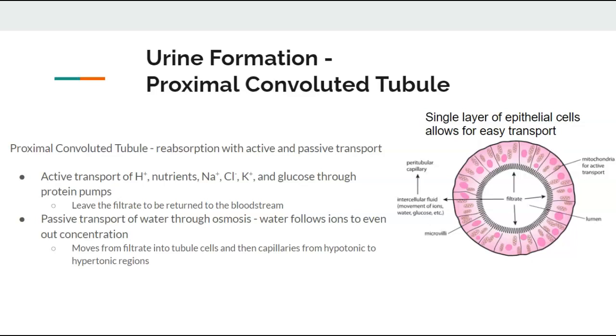Water follows ions. So if you have a high amount of salt, let's use salt as an example. If you have a high amount of salt leaving the proximal convoluted tubule and it's just chilling outside in this intercellular fluid, that's super salty water, and your body does not like that. It does not like to be out of balance. So instead of having a super salty area and a not salty area, water is going to leave to balance out the amount of salt that's out there.